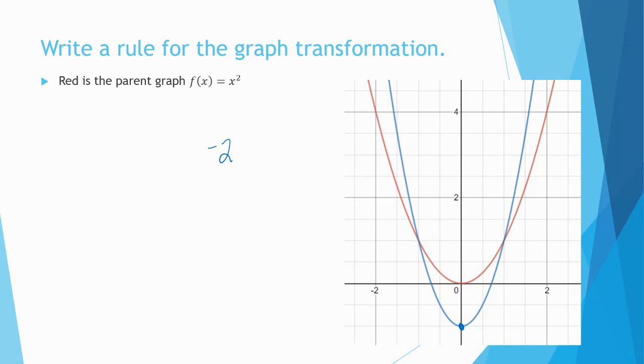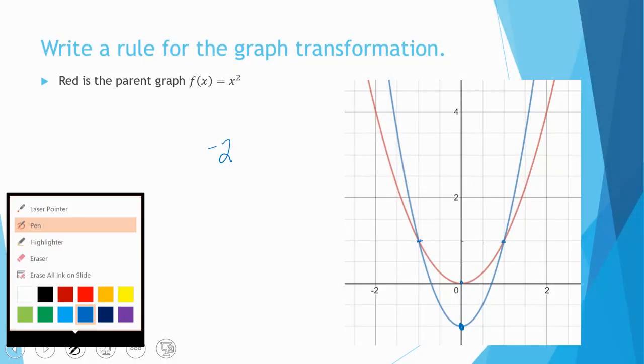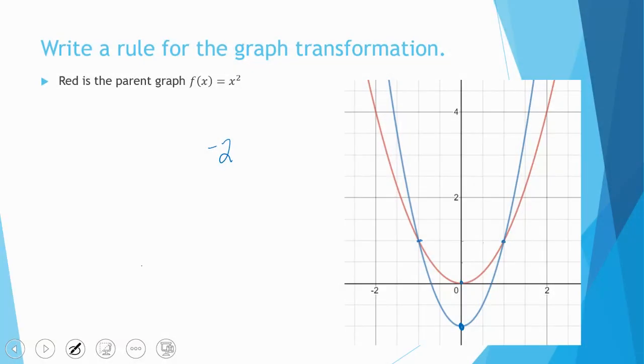Let's see, if I look at my red graph, I'm going up 2 over 2 to get the next clear points from the vertex. If I look at my blue graph, I'm going up 1, 2, 3, 4 and over 2 to get my next clear points. It looks like that has been stretched by 2.